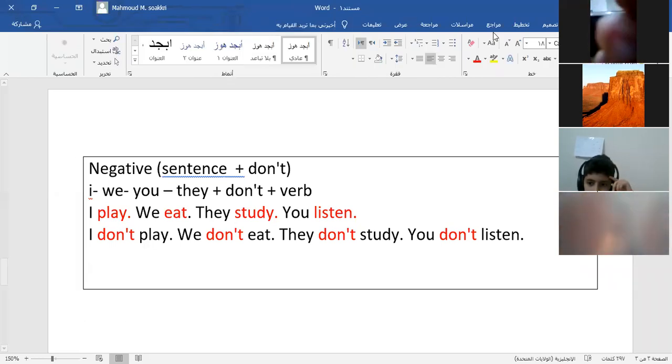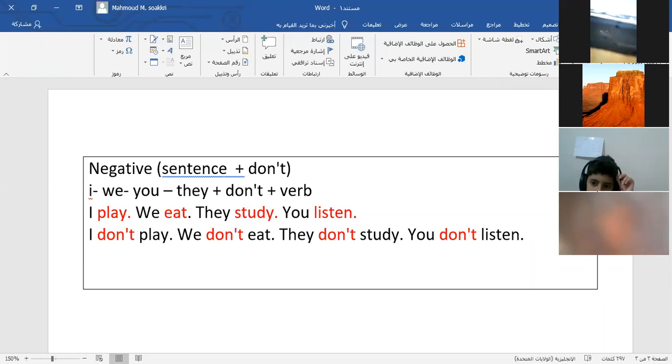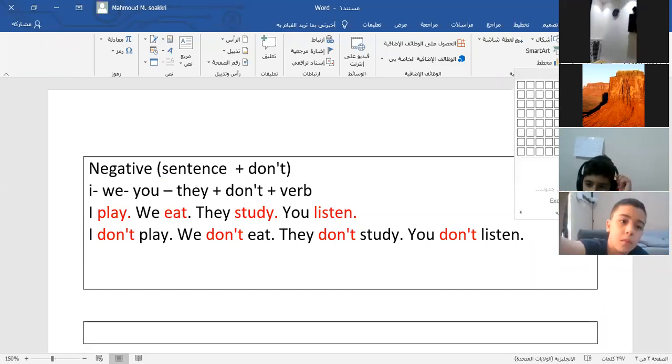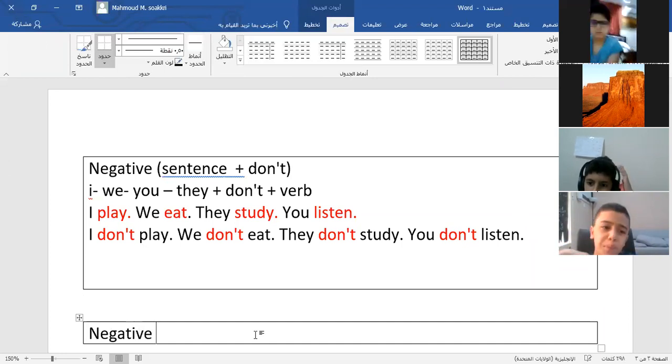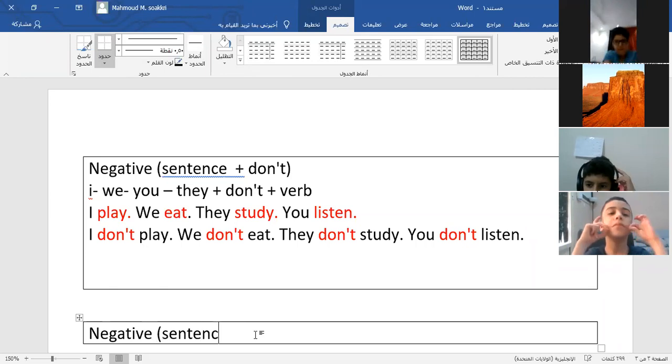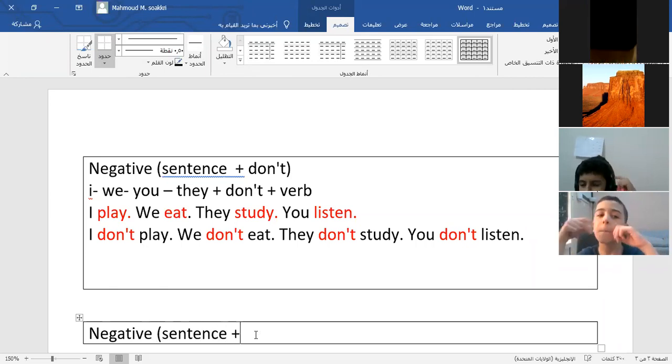The last thing before we go to the exercises, negative sentence plus doesn't.